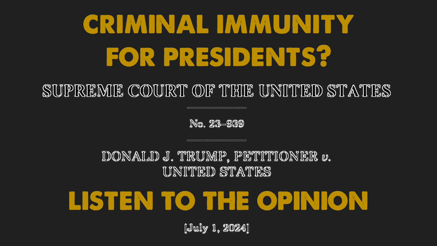At oral argument, Trump appeared to concede that at least some of these acts, those involving private actors who helped implement a plan to submit fraudulent slates of presidential electors to obstruct the certification proceeding at the direction of Trump and a co-conspirator, entail private conduct.